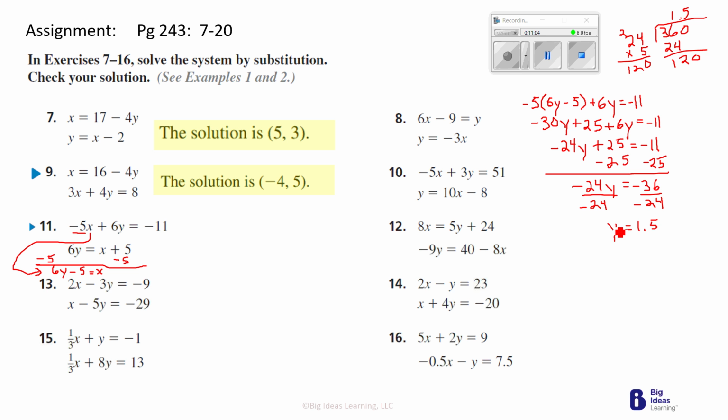Okay, so now that I know y is 1.5, I can plug it into any of these problems here. I think I'm going to plug it into the second one here. So I'm going to take 6 times y, and y we said was 1.5. And that's got to equal x plus 5.